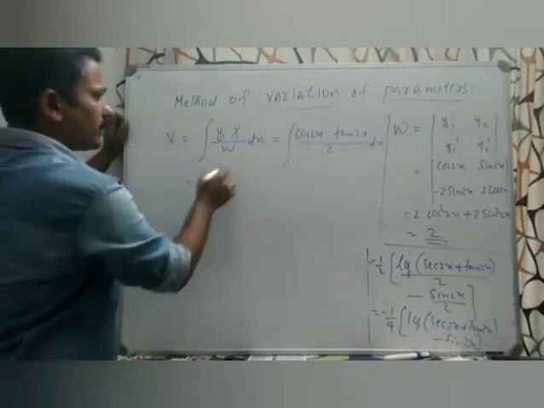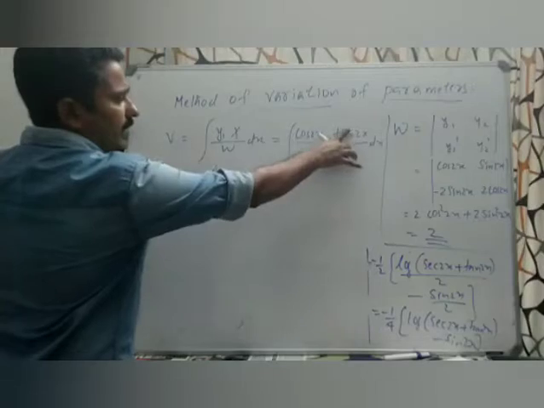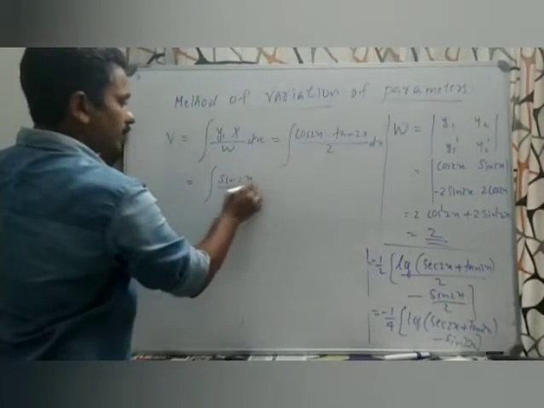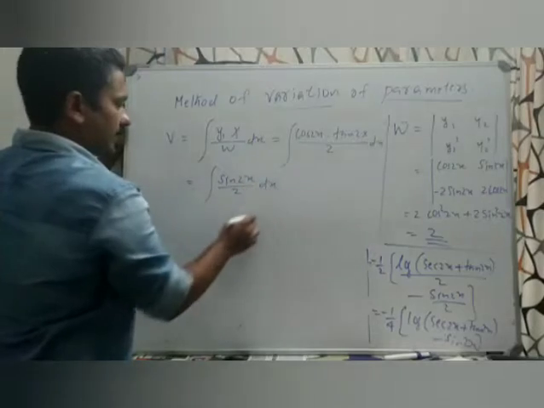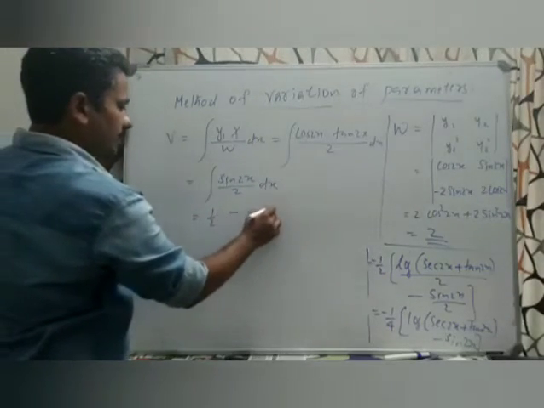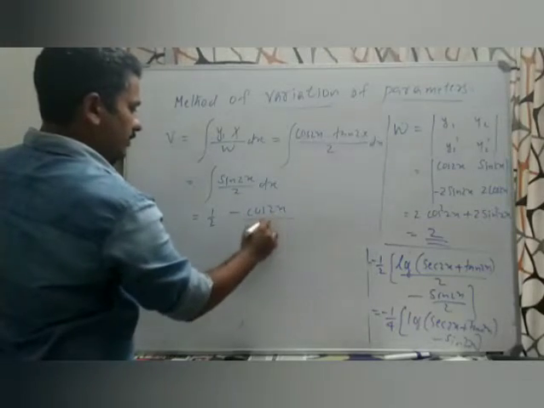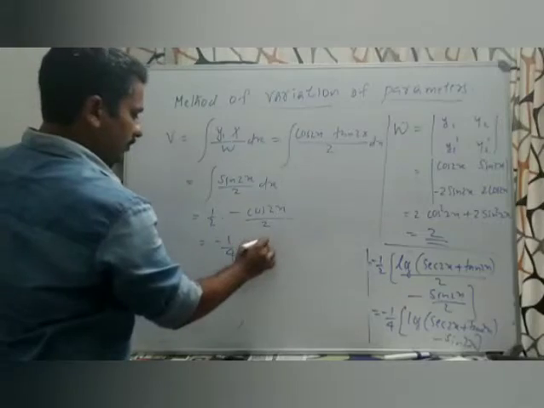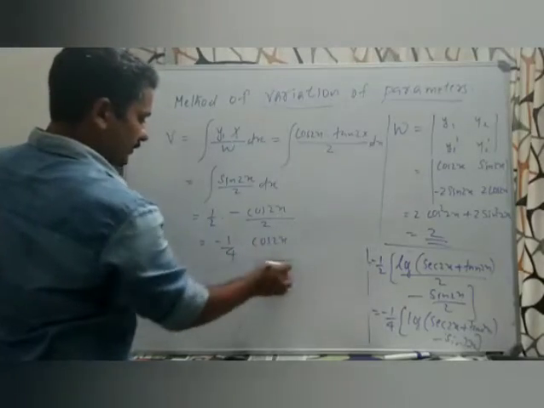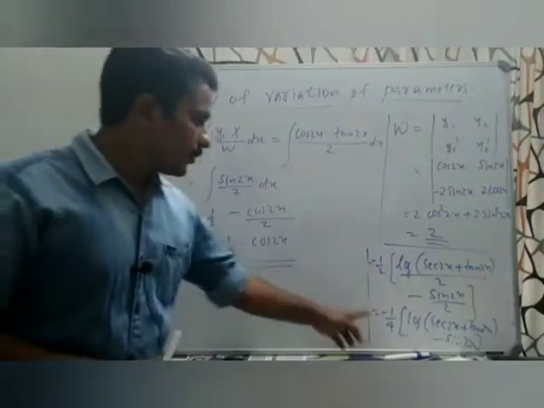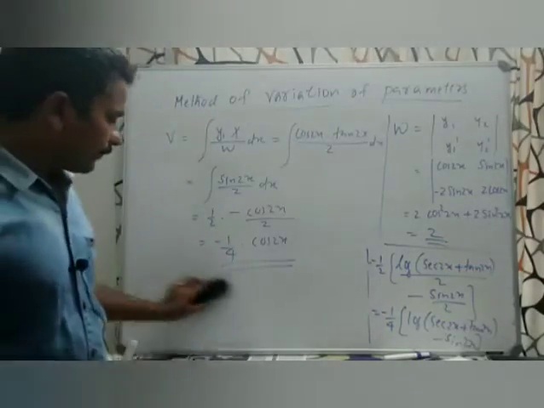When you simplify this one, tan 2x is sin by cos, so cos will be cancelled and you will get sin 2x over 2 dx. Integral of sin is negative cos 2x over 2. So the answer is negative 1 by 4 times cos 2x. Okay. Now we have u and v.